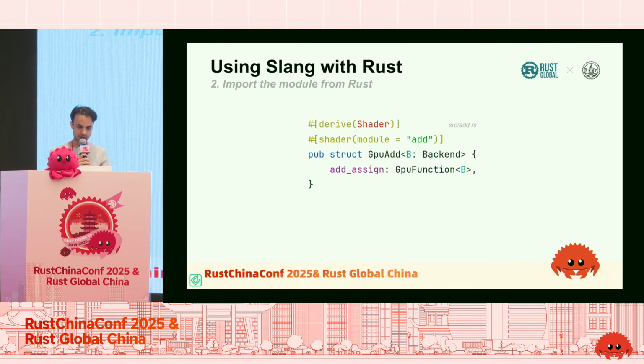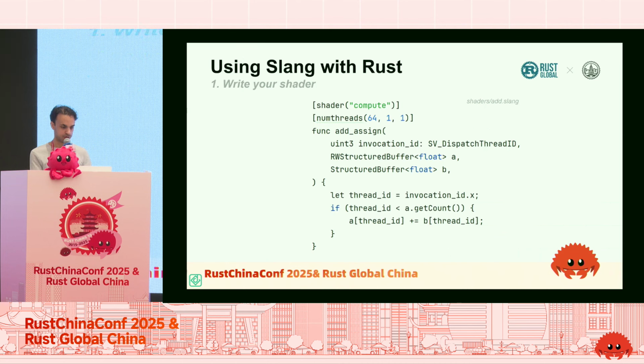Now, from Rust, slang-hal has some high-level features, including some procedural macros here. So on the Rust side, you will define a structure, which here can have any name you want. So here it's named GpuAdd, and it has one field, which is add_assign, which does match exactly the name of this compute shader here, add_assign.